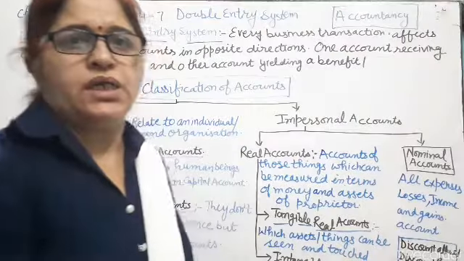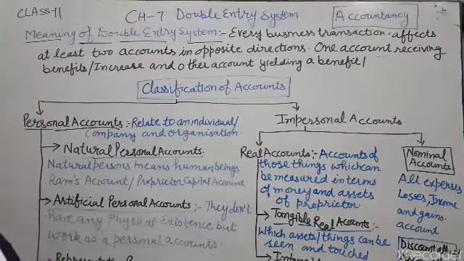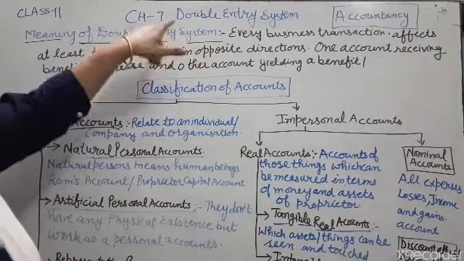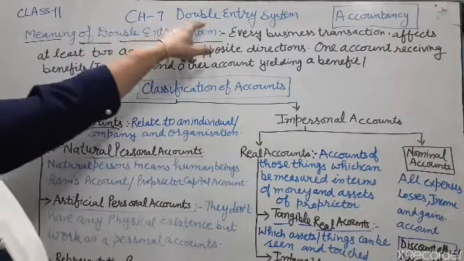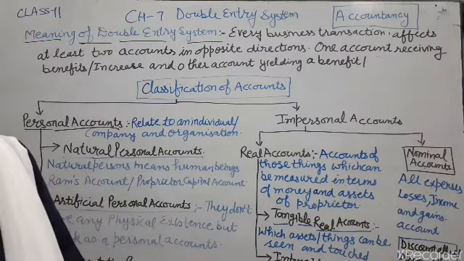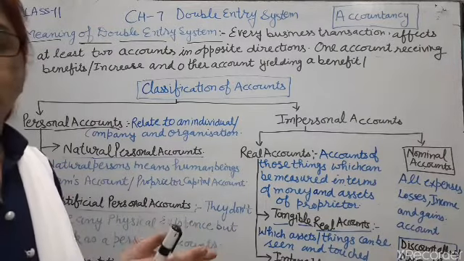So, 11th class, today we start a new chapter of accountancy, chapter number 7, double entry system. In the last video, you studied the rules of debit and credit by two methods.